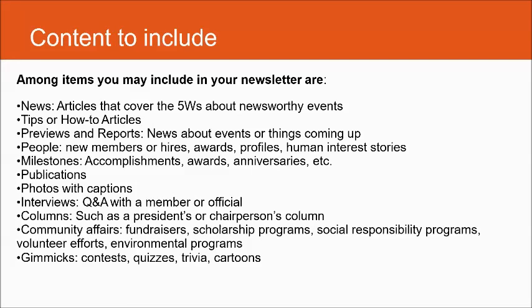Okay, so what are the contents to include other than what I have mentioned a while ago? Among the items you may include in your newsletter are news, tips, how-to, previews, reports, the people. Okay.